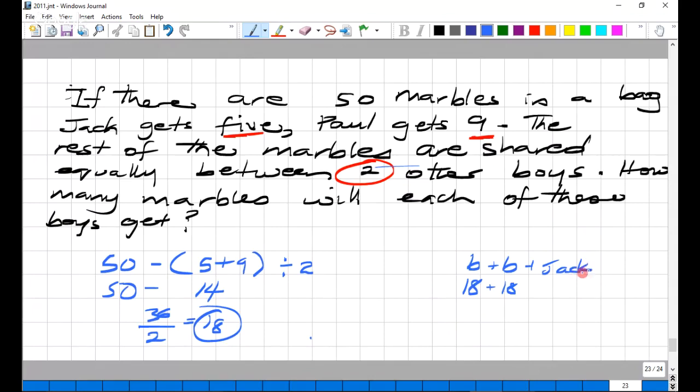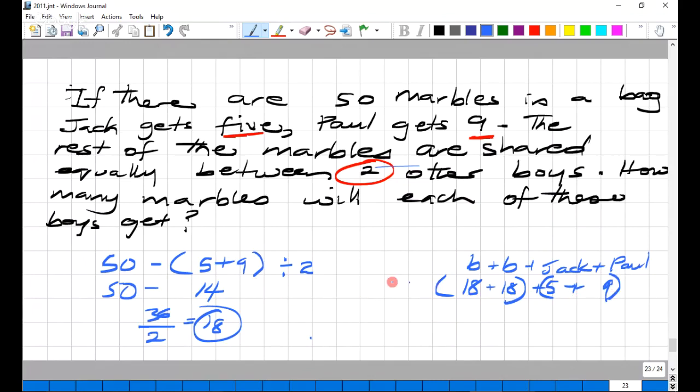Jack, sir. Jack gets how many? 5, plus Paul. And Paul gets how many? 9, sir. 9. Okay.